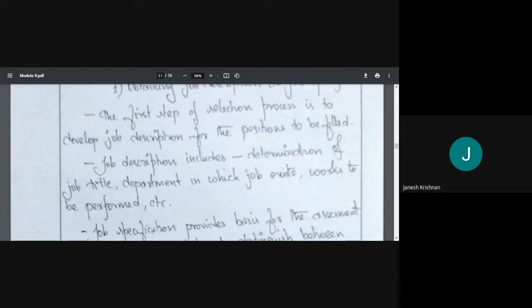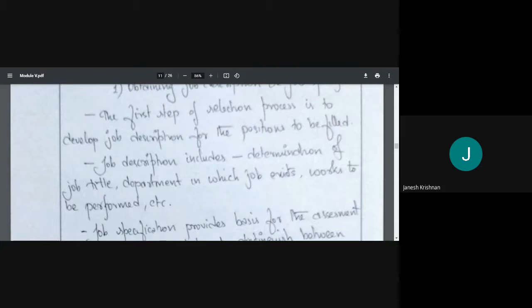So in any selection process, the first step is we need to develop the job description. We can get it from the job analysis, right? So what does this job description include? It includes the title. I need a site engineer, maybe a junior site engineer or a senior site engineer. Then the department.